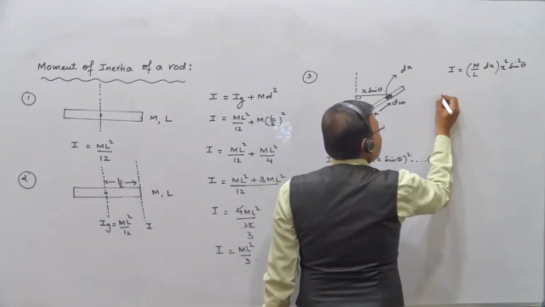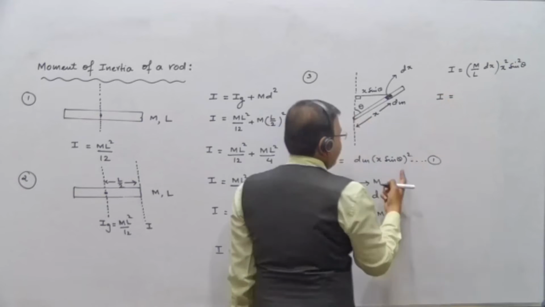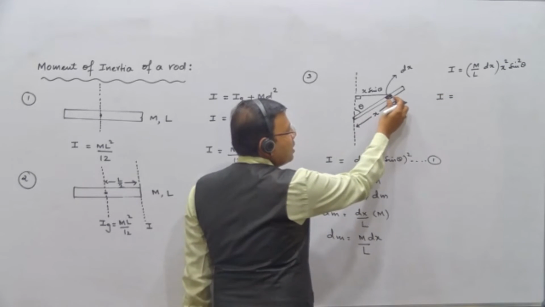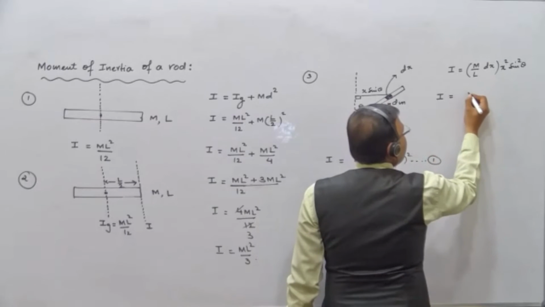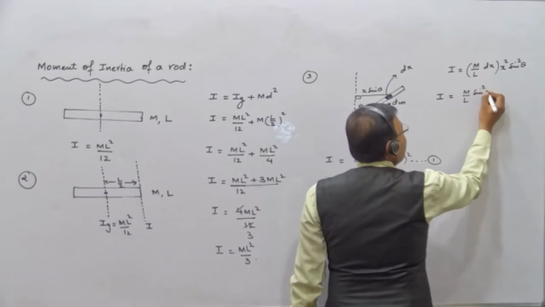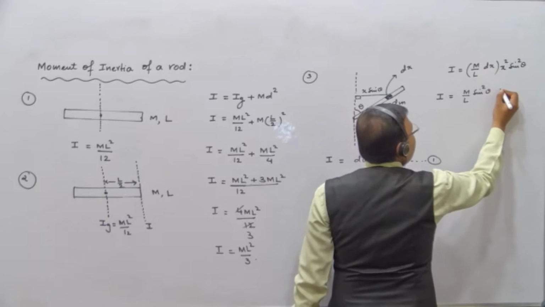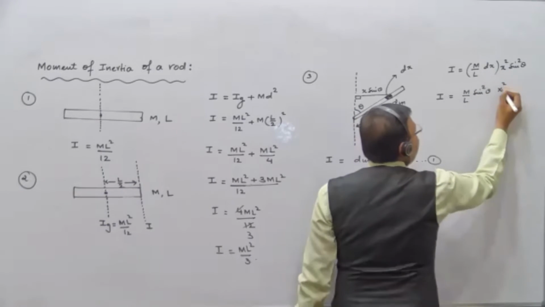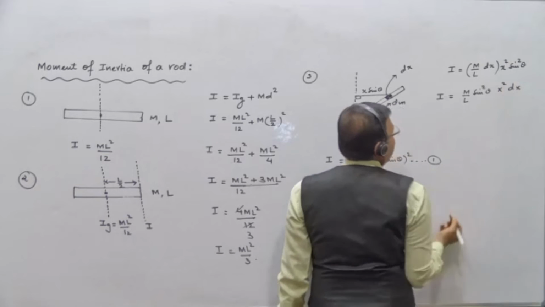Now this is the moment of inertia for only this part. I am calculating the moment of inertia for this part. So it is M by L sin square theta, and this is x square, and this is dx.